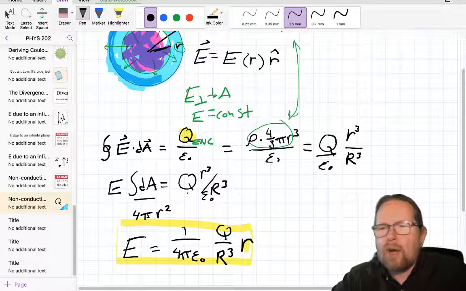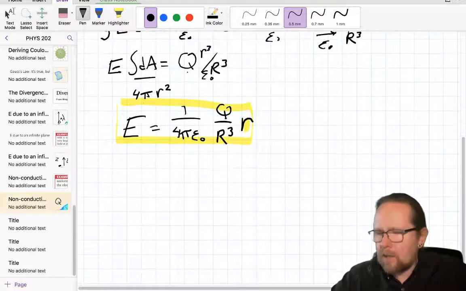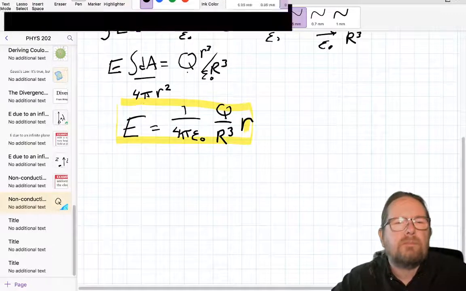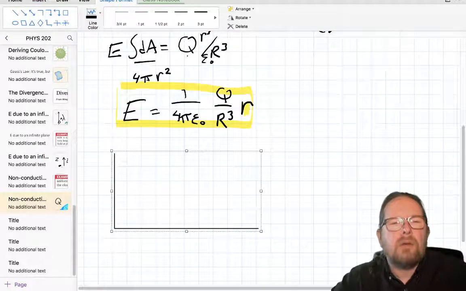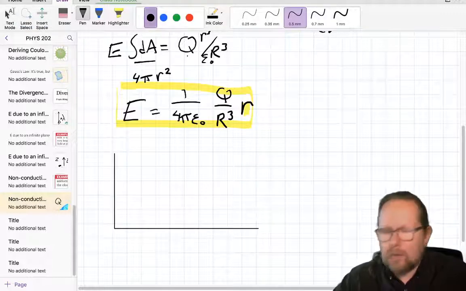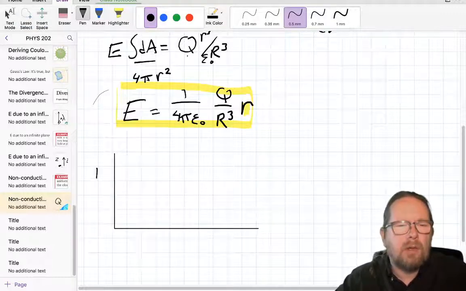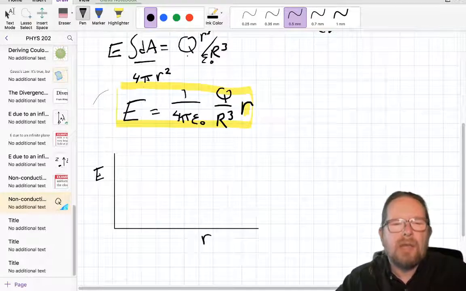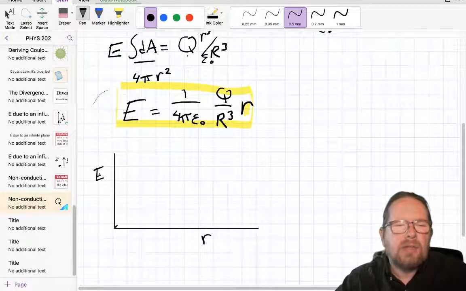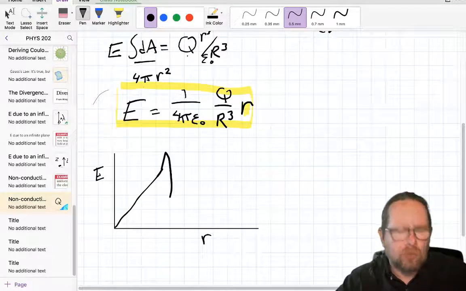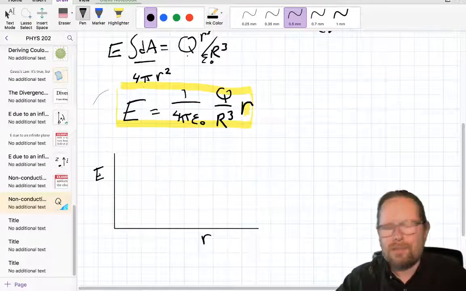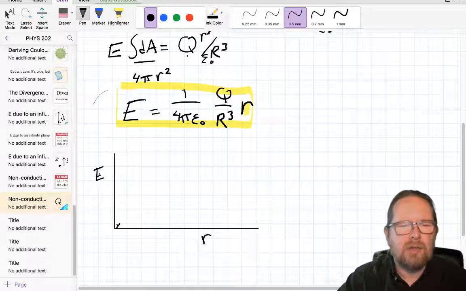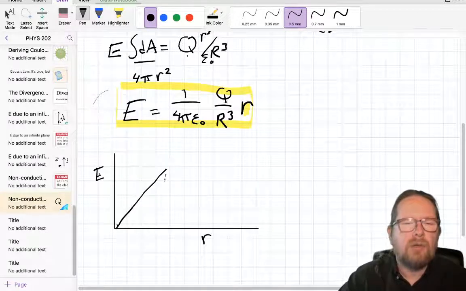Your book actually makes a little graph like this, showing that if you're inside the sphere, the relationship between the electric field and r is that it increases linearly with r until you reach r equals the radius of the sphere.